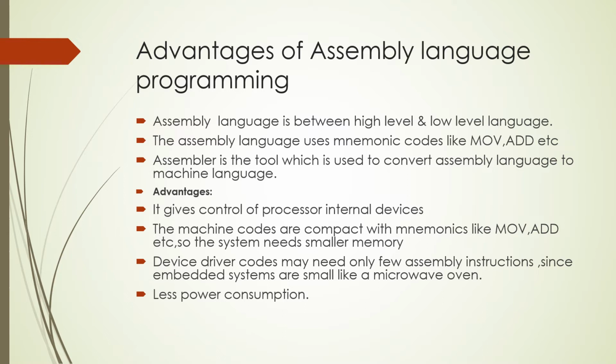But the programmer needs to be well aware of each and every instruction for the programming. For small embedded systems, you need only a few assembly instructions, like for the timer, everything. Lesser power consumption is also needed for assembly language programming. So these are some of the advantages.